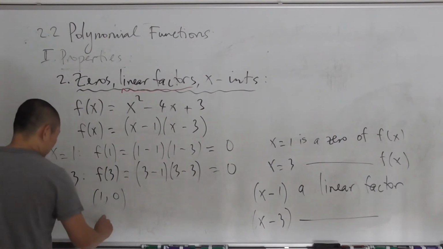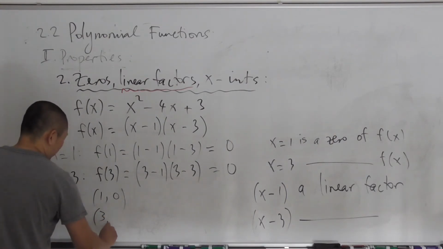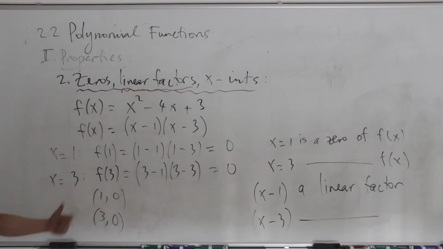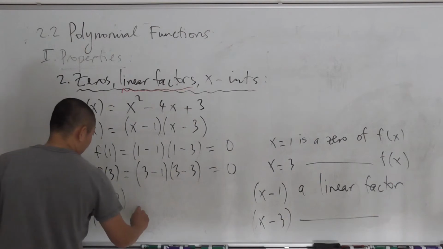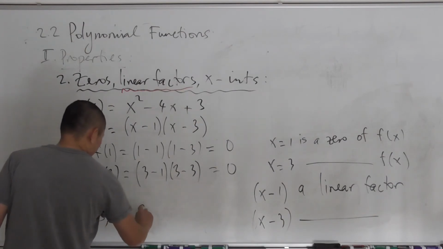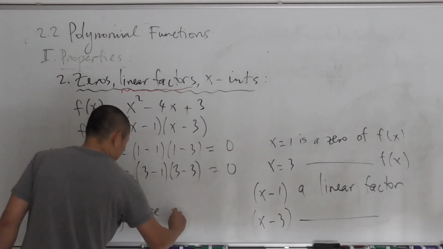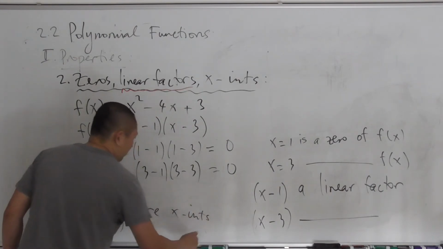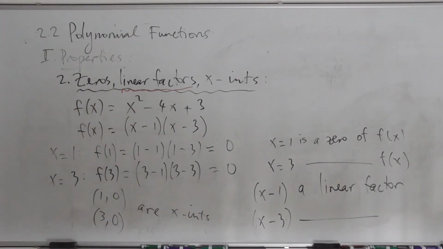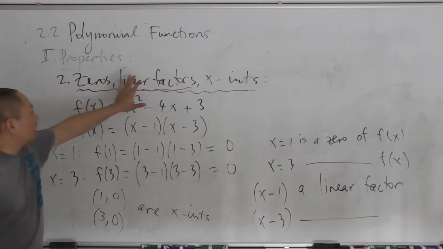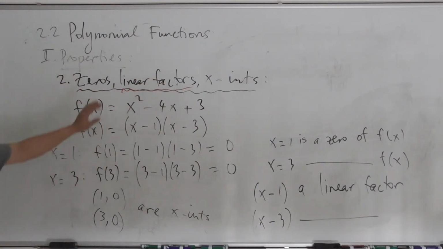And similarly, 3 in for x, you got 0 out for y, so those 2 points on the x-axis are the x-intercepts. And you guys see that 3 items are going together. Whenever you have a real 0, you know the linear factor, and graphically you know the x-intercept.